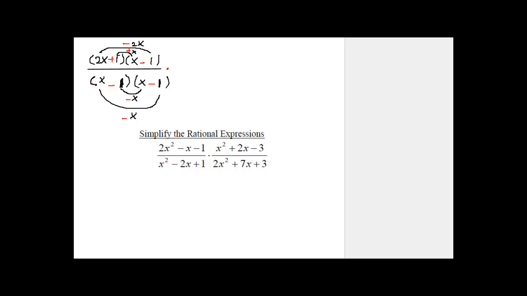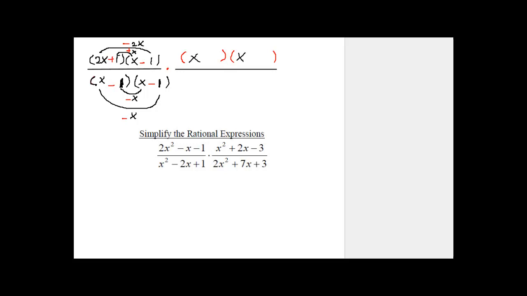Let's take a look at the next one. We want to factor this here. Is it x minus 1 and x plus 3? So x minus 1, x plus 3. So once again here, we're going to look at the first term, x to the power of 2. So we place x and x here.